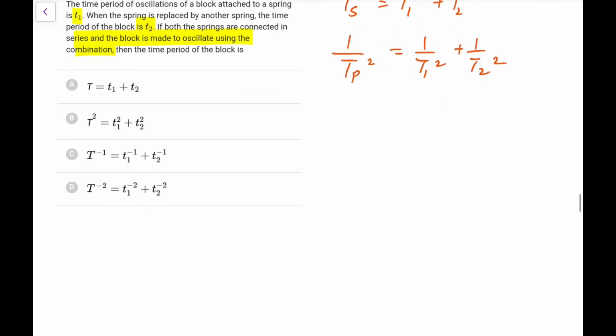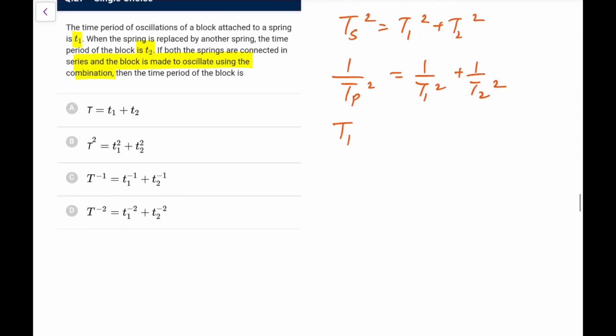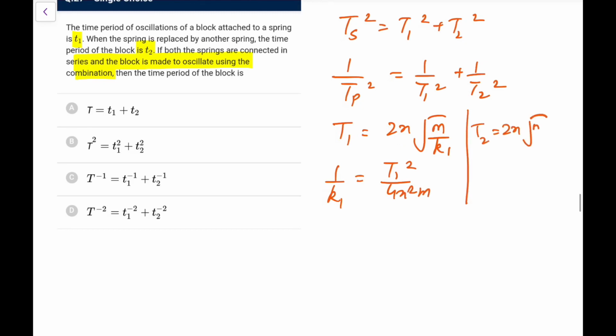Now how to get this? I'll just tell you what we can write. T1 is 2 pi root of m by K1. So I can write 1 upon K1 as T1 square by 4 pi square m. Similarly, T2 is 2 pi under root m by K2. So similarly, 1 upon K2 is T2 square upon 4 pi square m. Now in series, it would be 2 pi under root m upon K series.